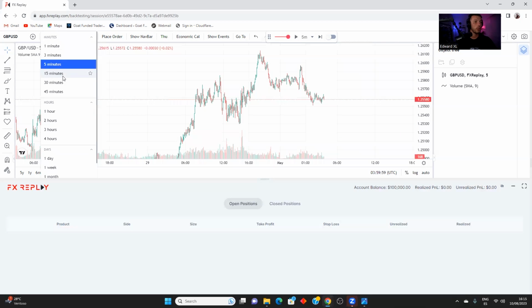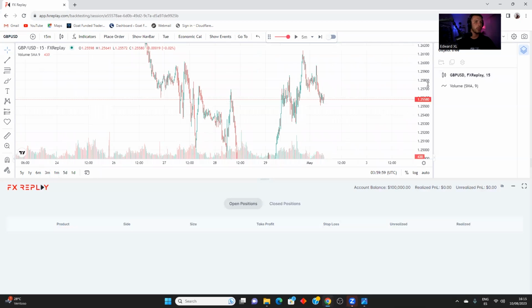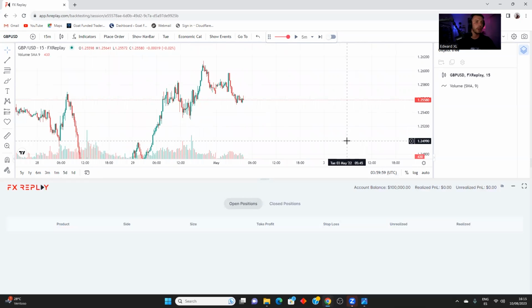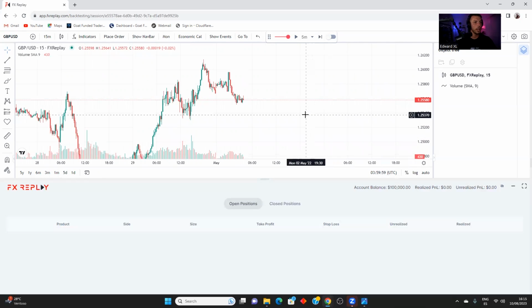So in order to make this work, having all of these things to take care of actually pushed me to only take A+ setups. If I have only one setup per week, I will only take one setup. If I have more, of course, I will take more.